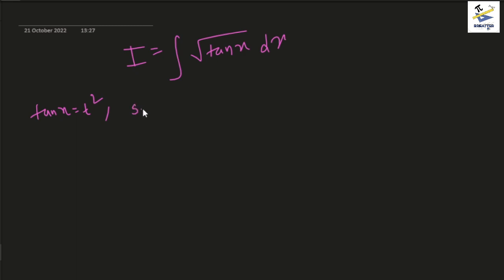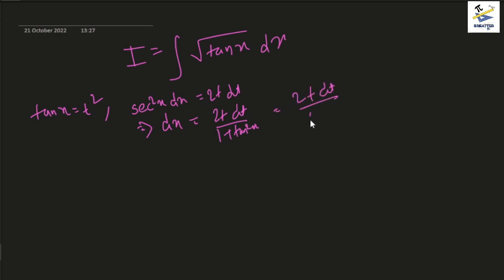So differentiating both sides we get sec square x dx equals 2t dt. Well, then of course dx would be equal to 2t dt divided by sec square x, and sec square x, as you know from trigonometrical identities, is 1 plus tan square x, right? And this means it is 2t dt by 1 plus t square.